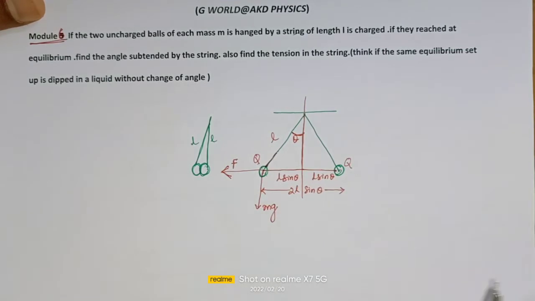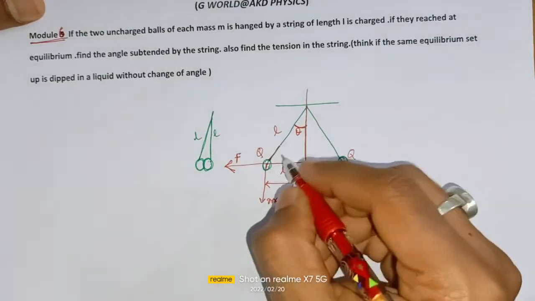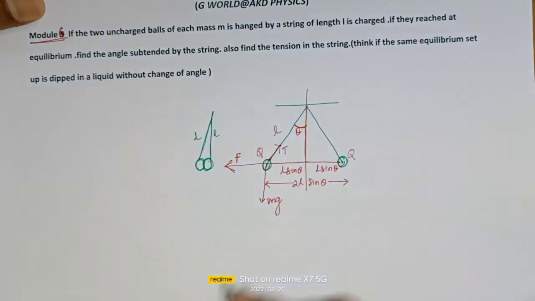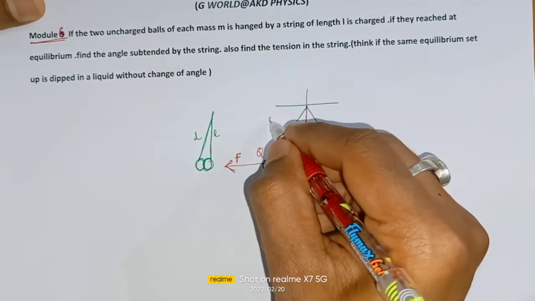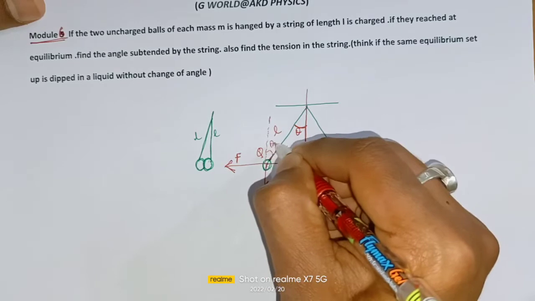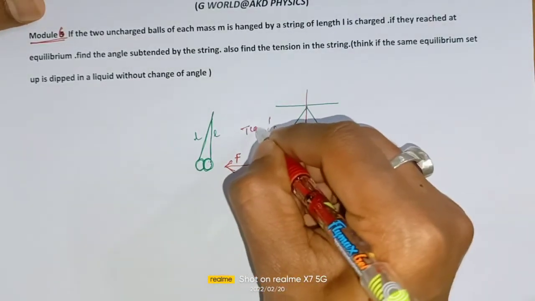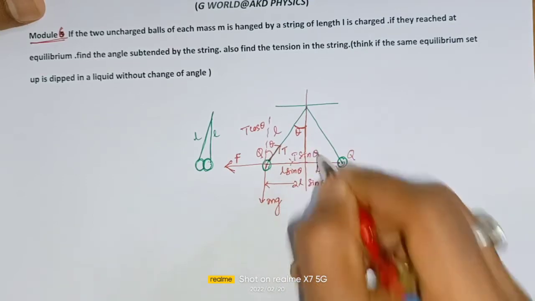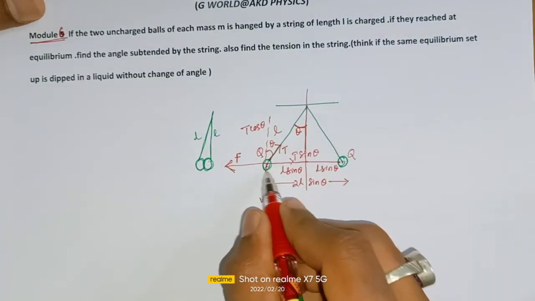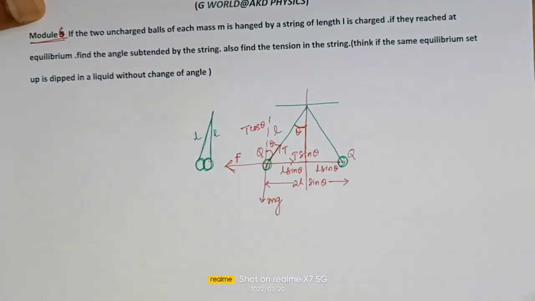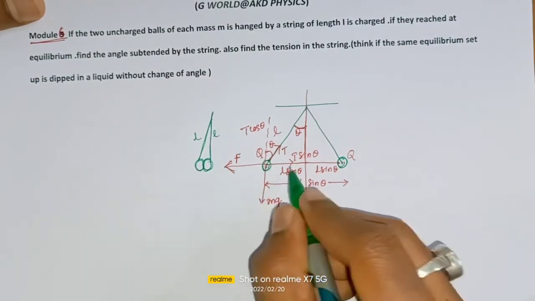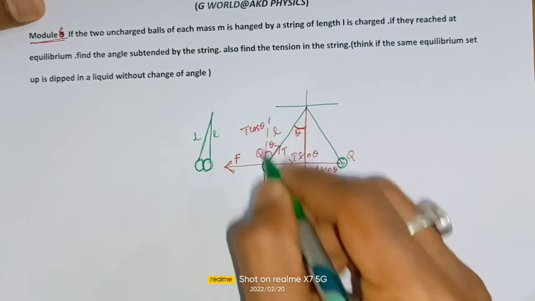We know the string has a force called tension, and tension is a force that always acts from the point of contact radially outward. So that's why this is tension. If this is theta, this is also theta, so this is T cos theta and this is T sin theta. If the ball is in equilibrium, the net force in this direction is balanced by this, and the net force in this direction is balanced by this.